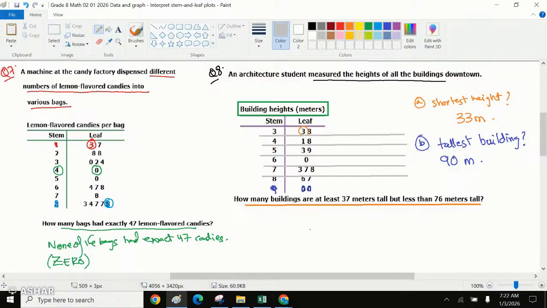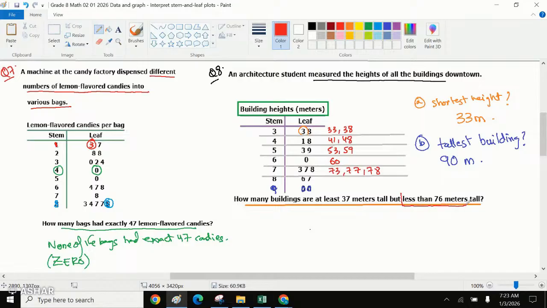This would be 33 and 38, and 48 meters, 53 and 59. You don't have to write these, we can always count by the leaf. I'm just explaining how it's done. This would be 60. This is 73, 77, and 78, right?